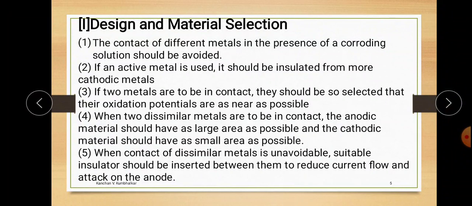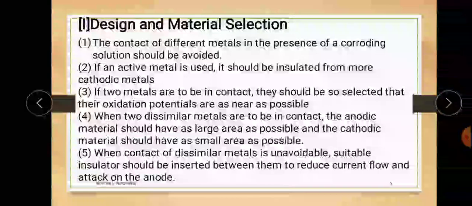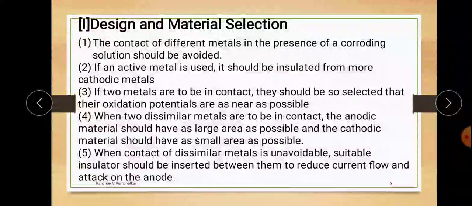Next point, when two dissimilar metals are in contact, the anodic material should have as large an area as possible, and the cathodic material should have as small an area as possible.